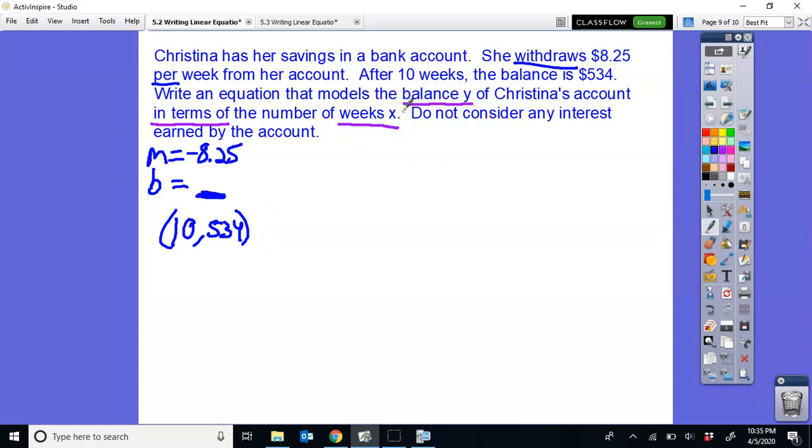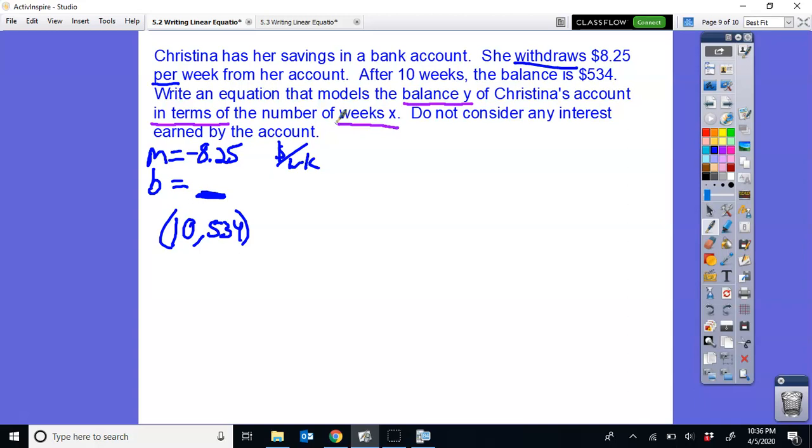Here's another little helpful hint. If you know what the slope is, the m, you can also figure out what y and x are, because it's dollars per week. Remember, slope is change in y over change in x. So my y's would be my dollars, and my weeks would be my x. That's another way to figure out x and y if it's not given to you in the problem.